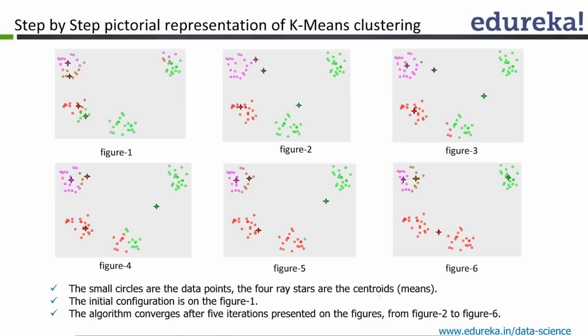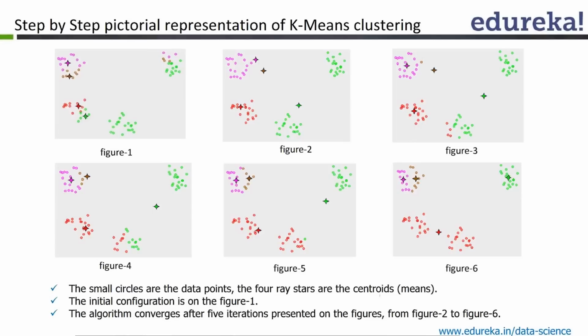Then we take the minimum because we want to assign that point to the closest center. We compute 4 distances between all the centers, take the minimum, and say this point belongs to this cluster because this is the closest center, the green one. We call it a green point.